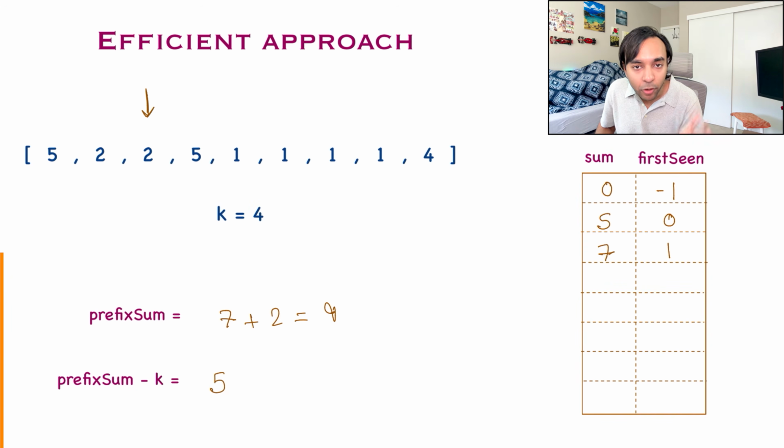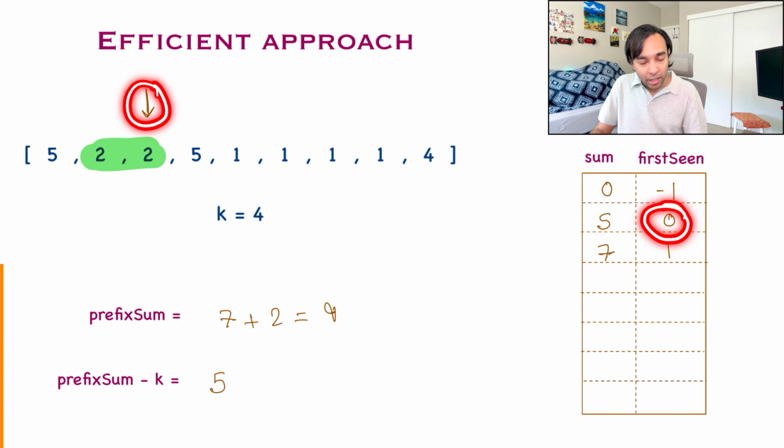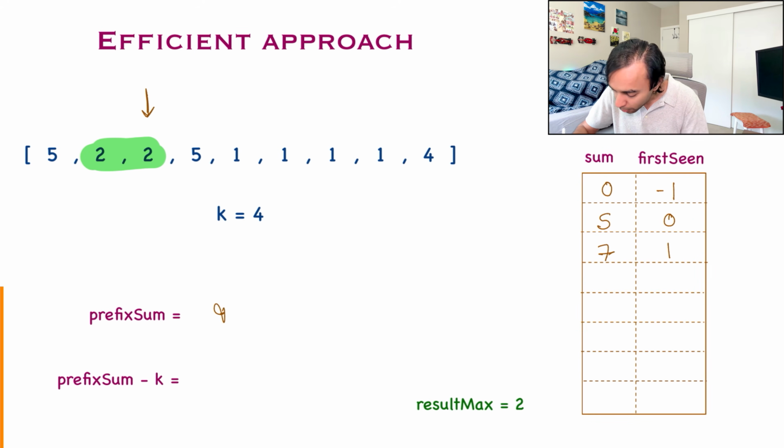That means I have got a potential subarray. And how do you find its length? You take the current index and subtract this particular index. So you get 2 minus 0 and that is a 2. I will maintain this value over here and we are going to update it if we find an even longer subarray. For now, we are going to keep going ahead. But before that, I'm also going to add that I found a sum of 9 at the index 2.